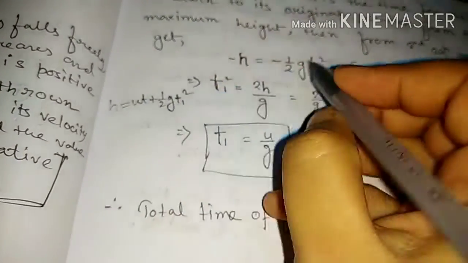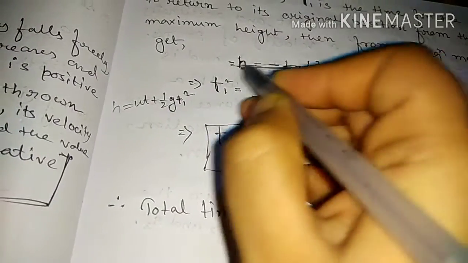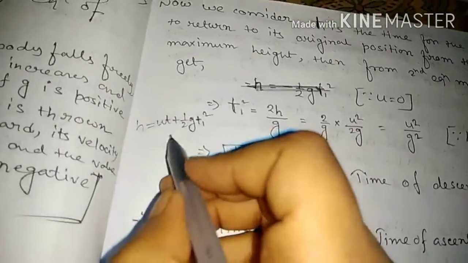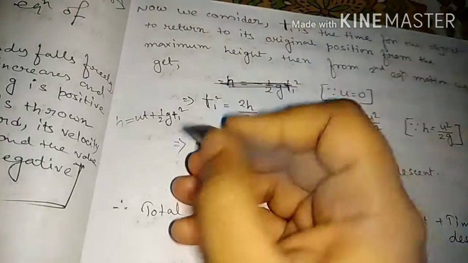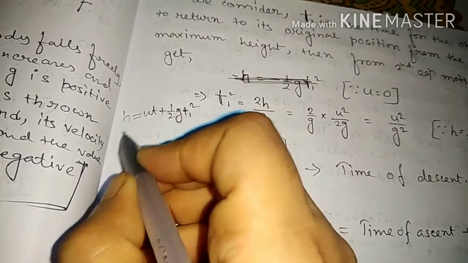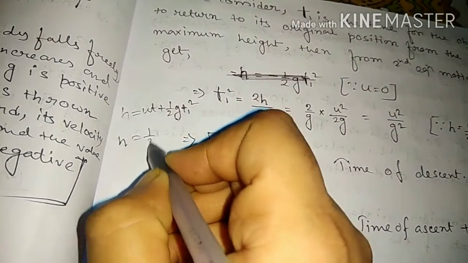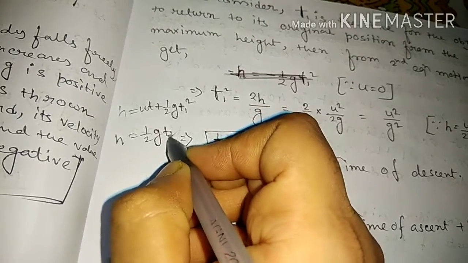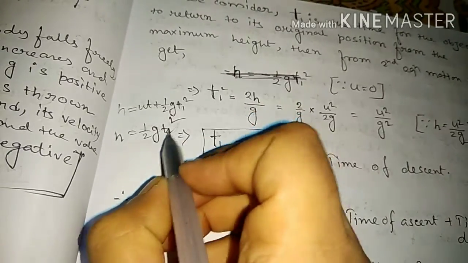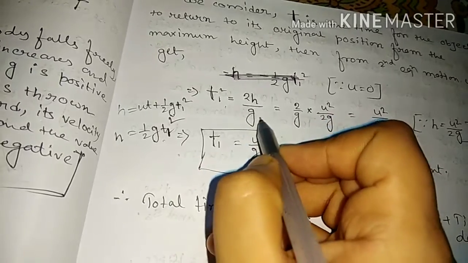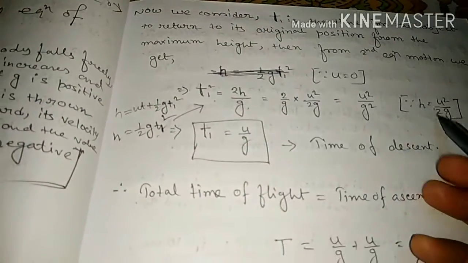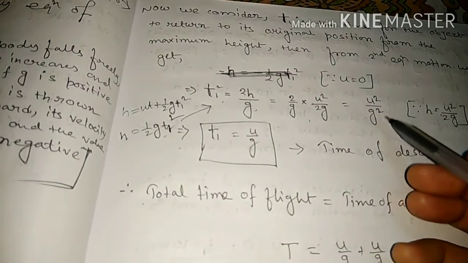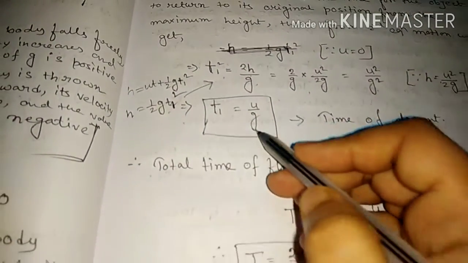U is 0, so you don't write that term. The g direction is towards the gravity, that's why plus. So h equals half g t1 squared, and t1 squared equals 2h by g. Since h equals u squared by 2g, we put it here and get u squared by g squared, so t1 equals u by g.